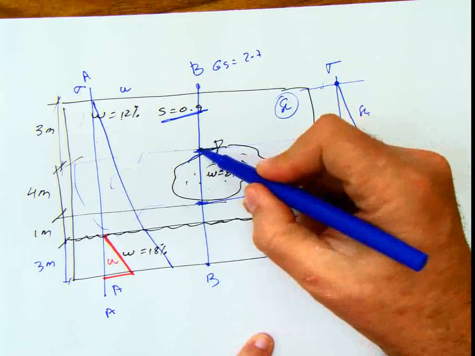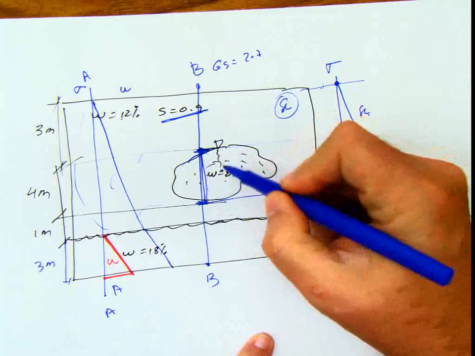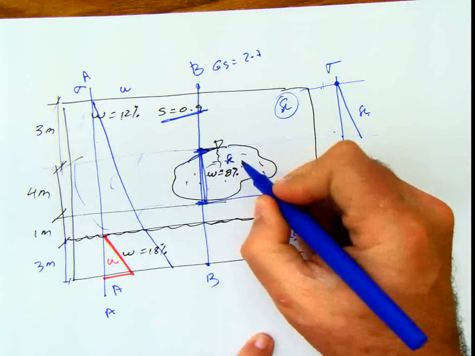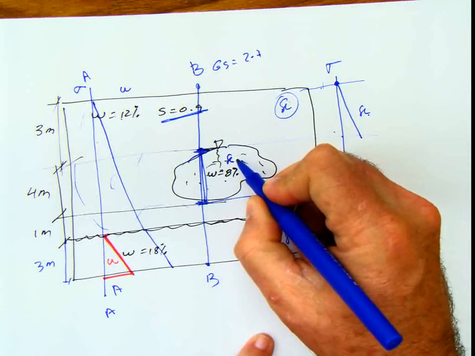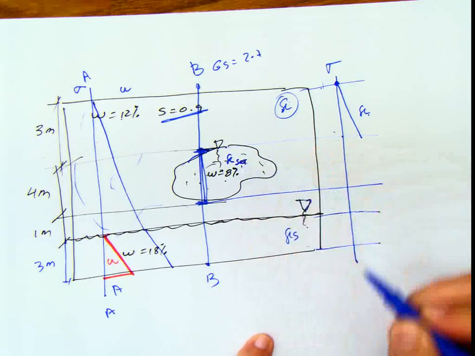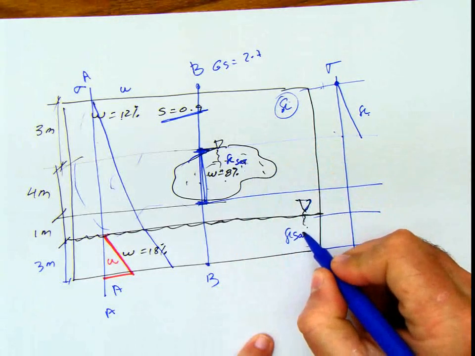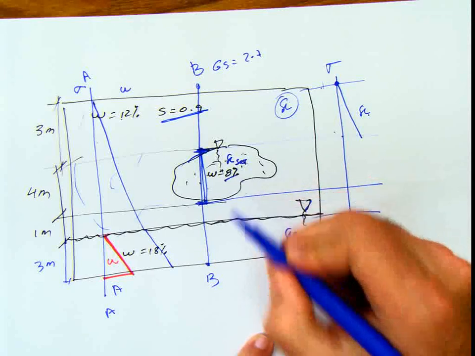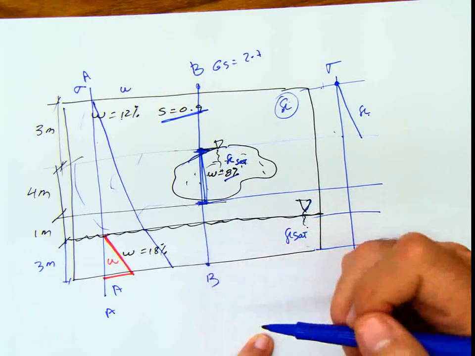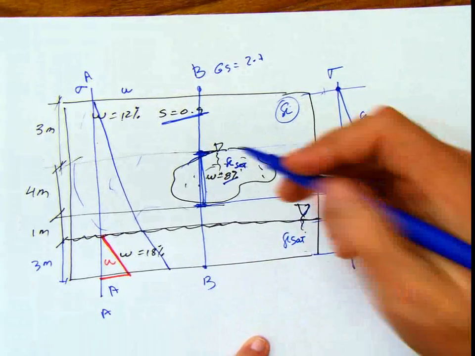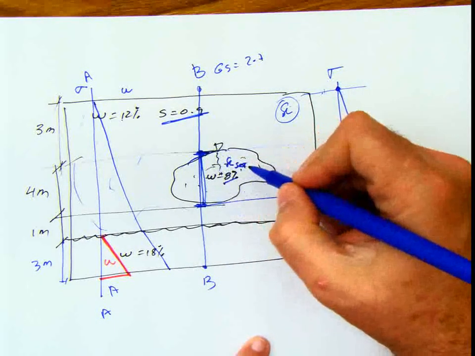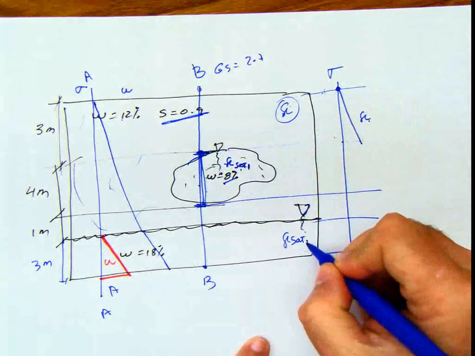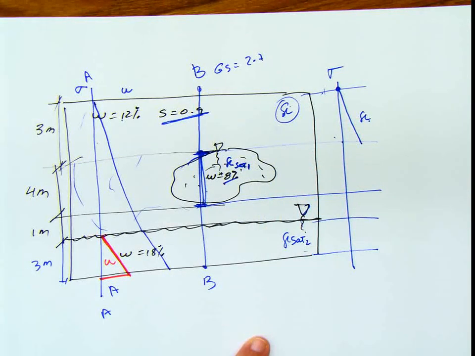But when I enter at this portion, the gamma changed, because now this gamma here is going to be a saturated gamma. Same thing with this saturated gamma. They are different saturated gammas, because the water content here is 8% and here is 18%. But no matter what, I'm going to call it saturated gamma 1 and 2, so you don't get confused.